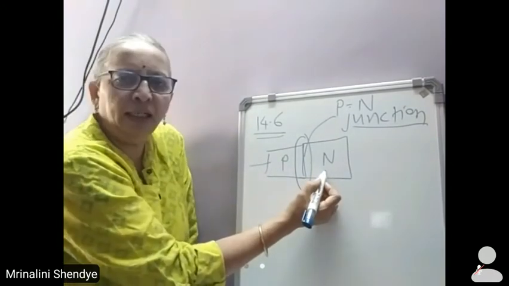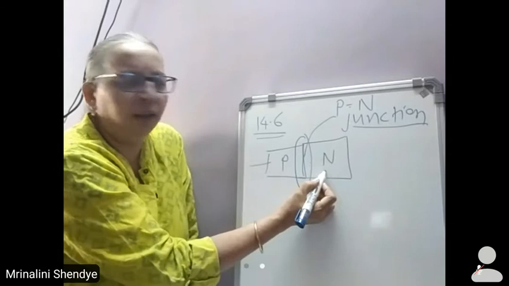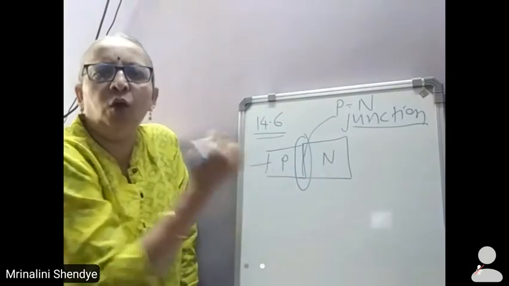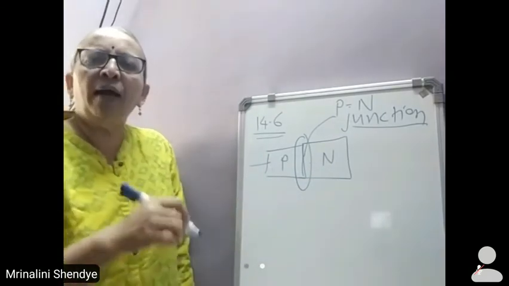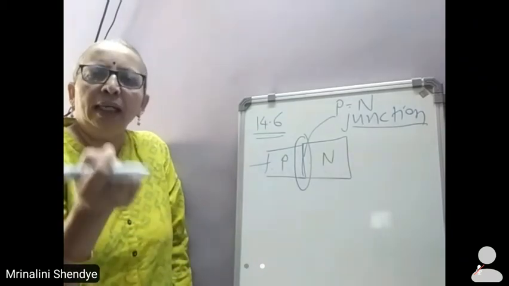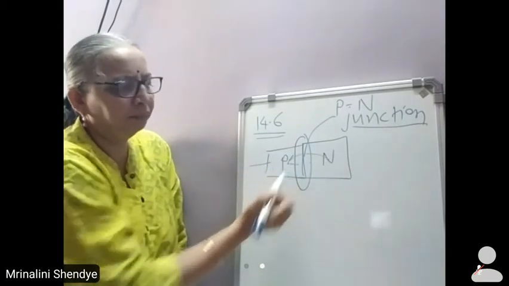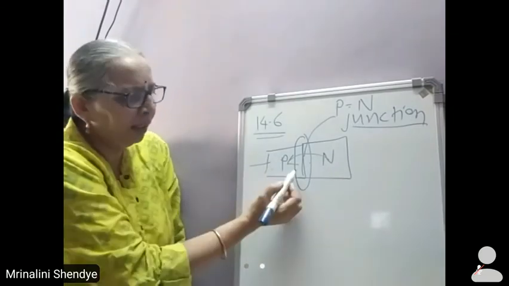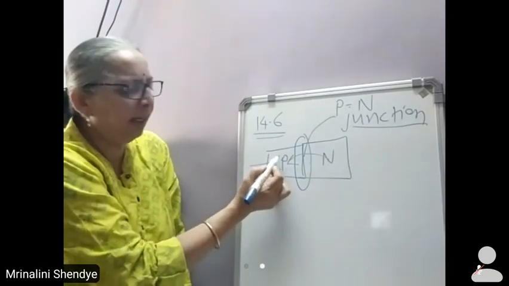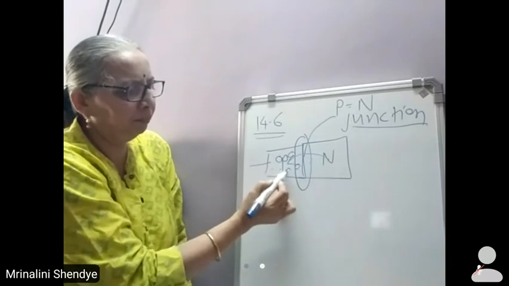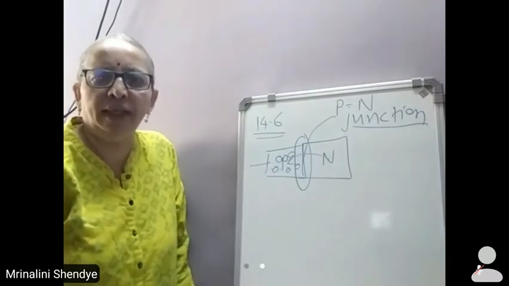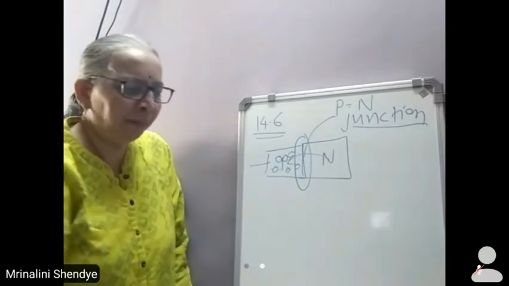N region is rich in electrons, P region is rich in holes. So immediately after formation of junction, electrons from N region cross the junction and recombine with holes in P region immediately.